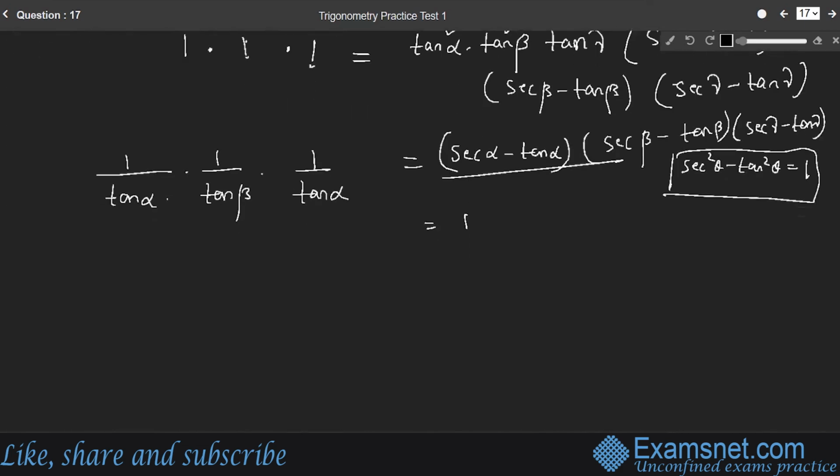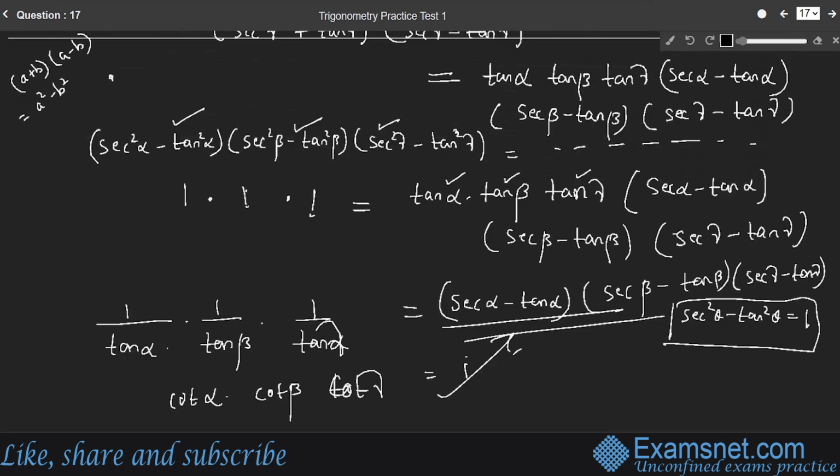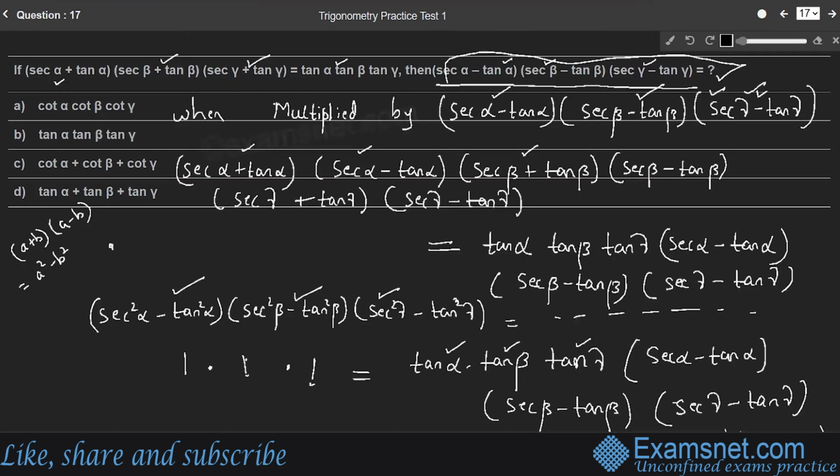Since 1 by tan is cot, 1 by tan alpha is cot alpha, 1 by tan beta is cot beta and 1 by tan gamma is cot gamma. Therefore, the answer for the given question is cot alpha into cot beta into cot gamma. So option A is the right answer.